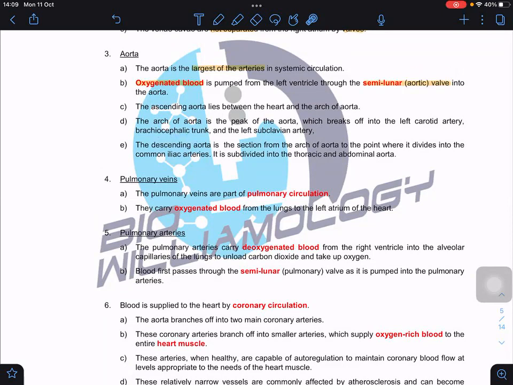It is a section from the arch down to the common iliac artery and is subdivided into the thoracic and abdominal aorta. So you go down. For us, you do not need to know the detail about this. I'm going to show you the diagrams later, so you can see where the ascending aorta is, where the arch of the aorta is, and also what the descending aorta is.